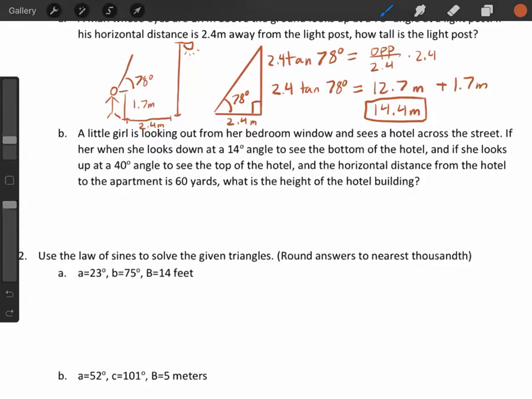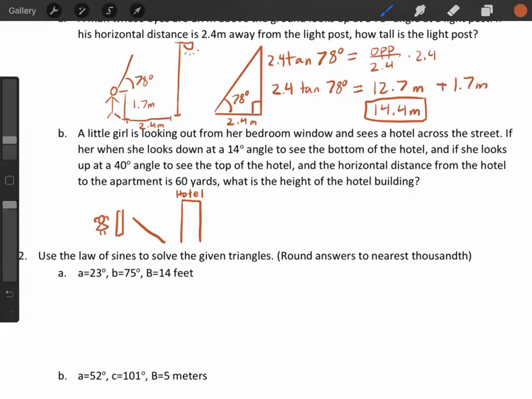Okay, question number 2. A little girl is looking out her bedroom window, sees a hotel across the street. She looks down at a 14-degree angle to see the bottom of the hotel.